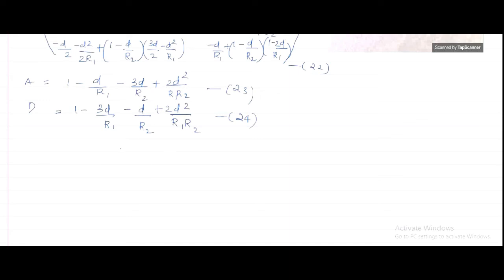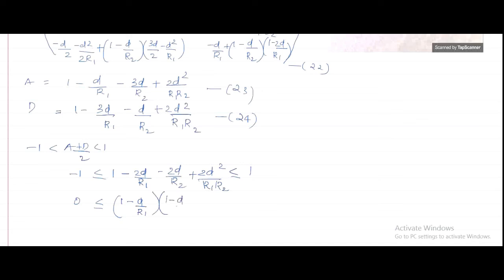Substituting the values of equations 23 and 24 in the expression minus 1 less than (A plus D) by 2 less than 1, we can write minus 1 less than or equal to 1 minus 2d by R1 minus 2d by R2 plus 2d square by R1 R2 less than or equal to 1, or we can write 0 less than or equal to (1 minus d by R1) into (1 minus d by R2) less than or equal to 1, which is the stability condition.